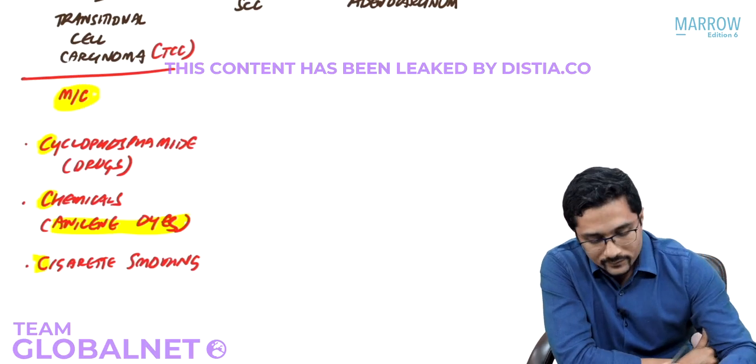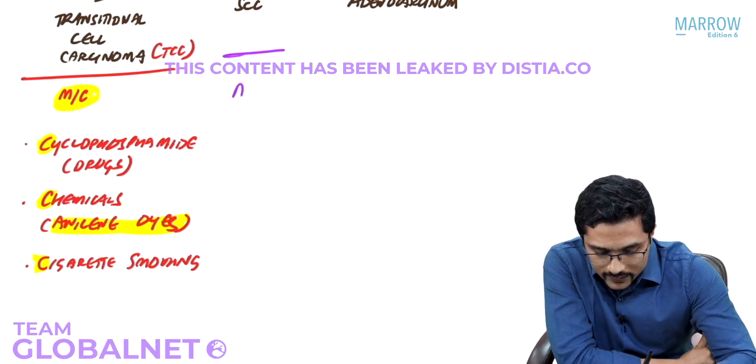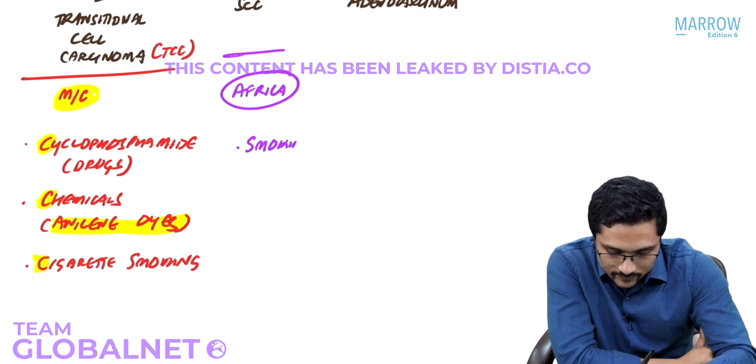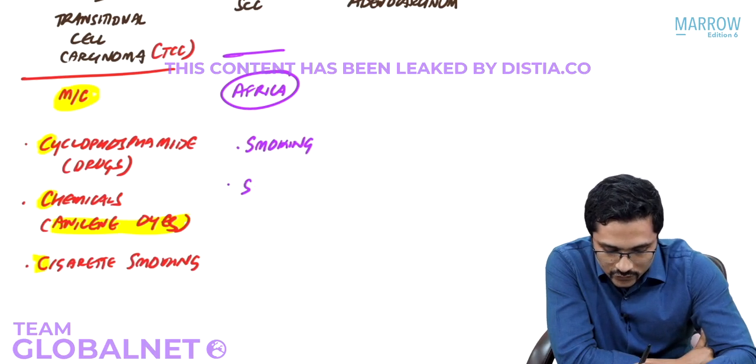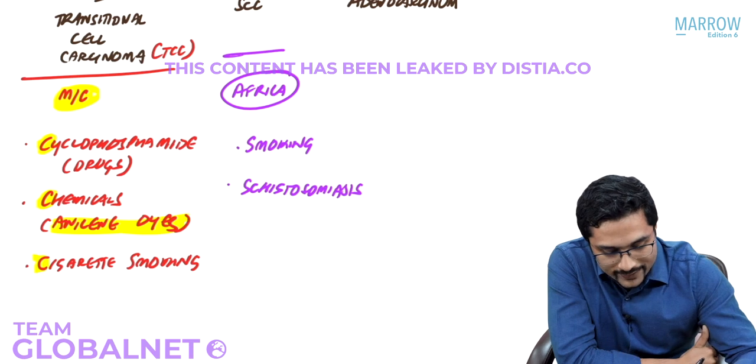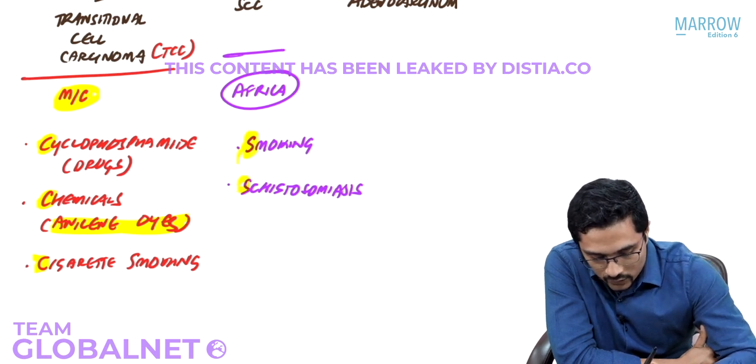TCC is the most common type of bladder cancer which is there. Squamous cell carcinoma is commonly seen in patients in Africa, and the risk factors are smoking and schistosomiasis. Right? So 2 S's you can remember: smoking and schistosomiasis.